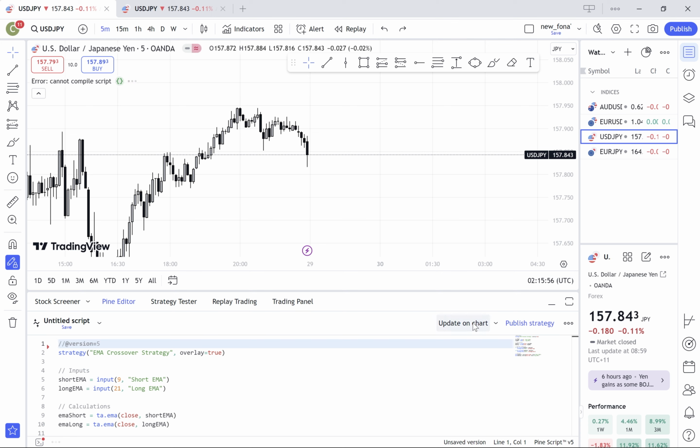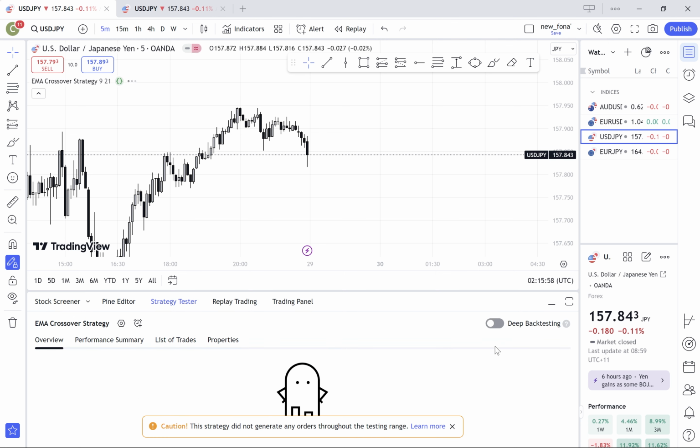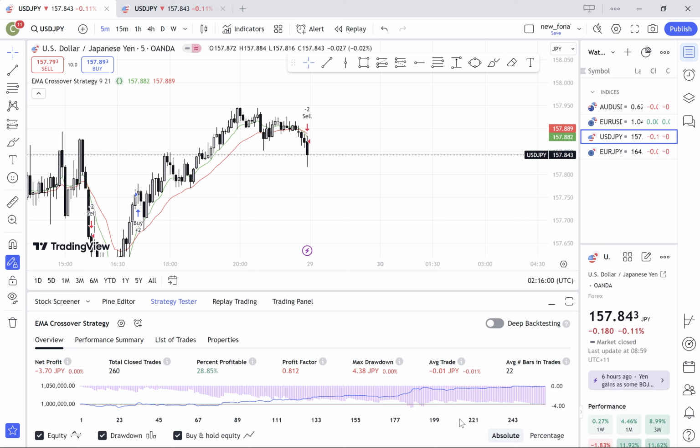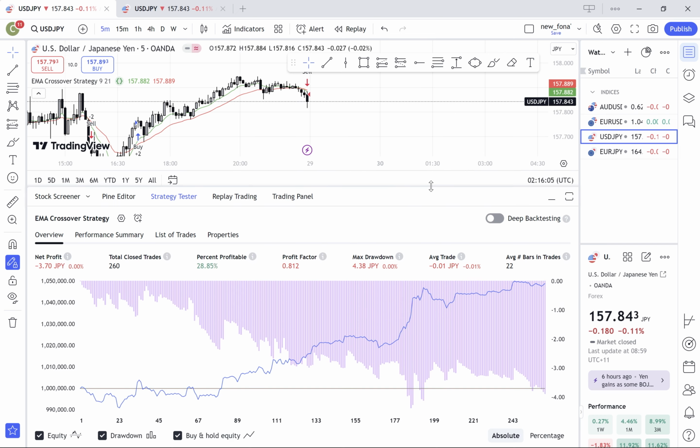Let's see, update on chart and see what's actually happening.